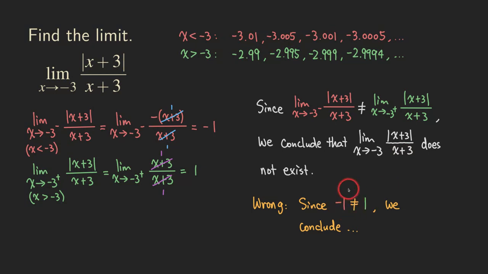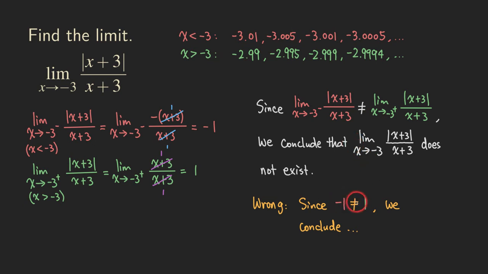But this cannot be used to imply that this two-sided limit does not exist because -1 not equal to 1, we all know that that's true, right? So that doesn't prove anything here. So it's wrong to use this reasoning. You got to use this one, okay?